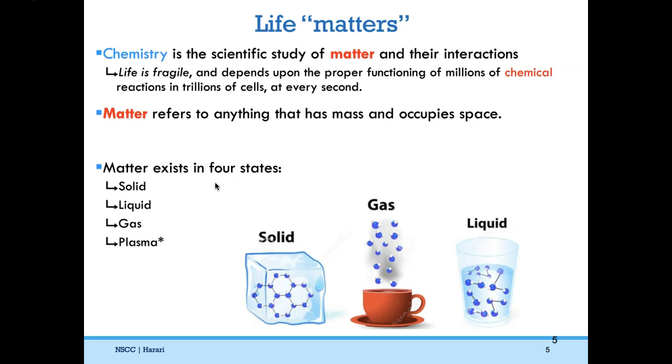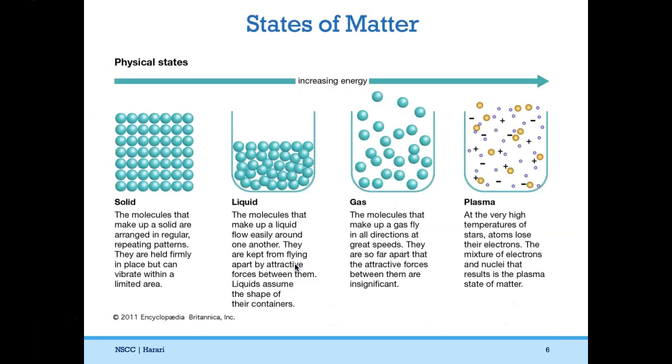You can see it in stars, right? Stars have plasma, and neon signs that you might see in a storefront have plasma inside. I'll explain what that is in a bit. But solids, gases, and liquids are the three primary states of matter. You can think about a solid like the table that you're sitting at right now, the gas that you're breathing in, and the liquid that you're drinking.